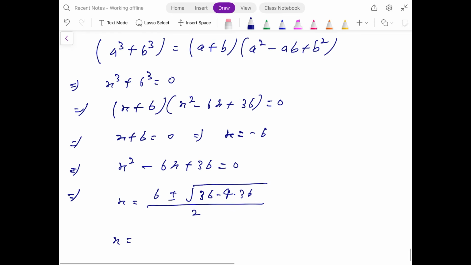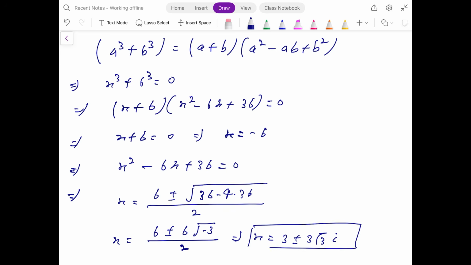Further, the values of x will be given as x equal to 6 plus minus, if we take 36 common from the square root, 6 plus minus 6 times square root of minus 3 divided by 2. After simplifying, we will have x equal to 3 plus minus 3 square root of 3 iota. So from here, we will have two more values of x.